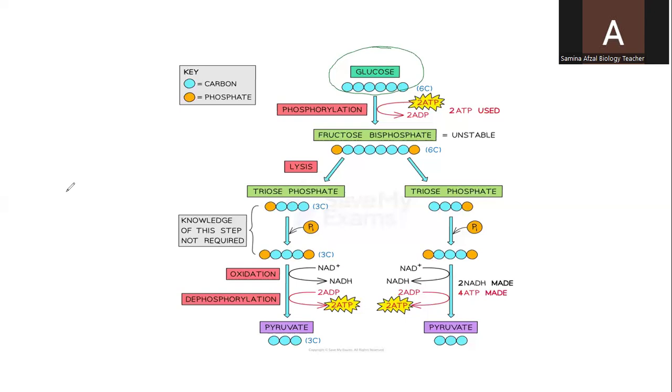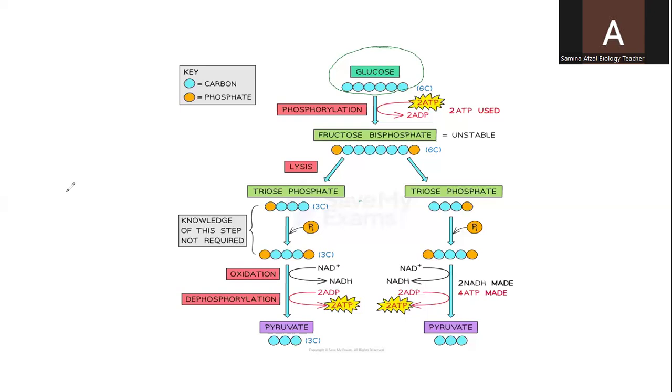The fructose biphosphate is then broken down into two molecules of triose phosphate, one on each side, as you can see. Triose phosphate is a 3 carbon compound.